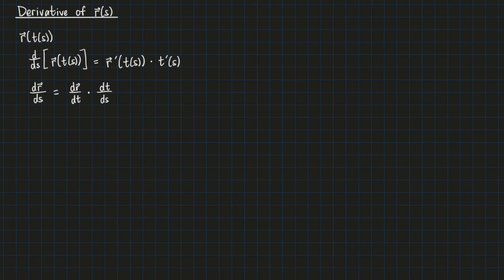dr dt in Lagrange notation is r prime of t, which is also v of t. And then we also have dt ds. So if we bring back up the arc length function, it's s of t. And then I'm using v instead of r prime. If we take the derivative of s with respect to t, we'll have s prime of t, also ds dt.